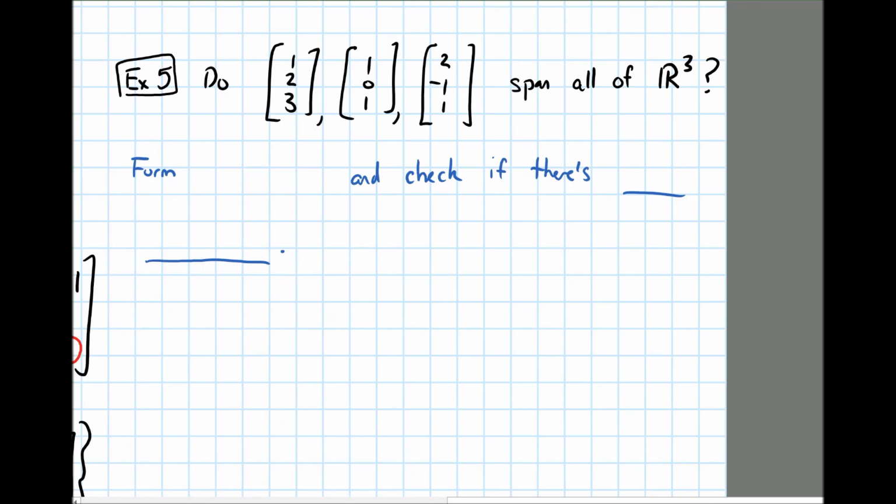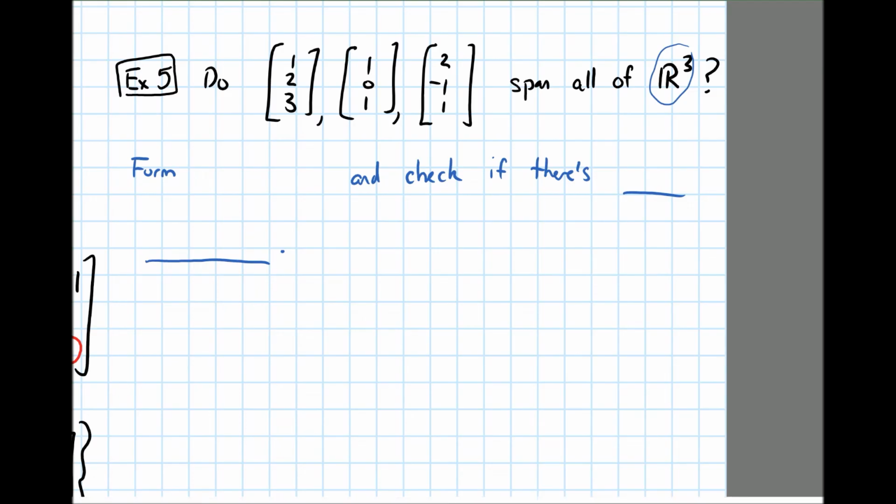Before I talk about the solution, what it means for these vectors to span all of R3 is no matter what vector in R3 I pick, I'm always going to be able to write that as a linear combination of these three vectors. In other words, I can form linear combinations of these three vectors to generate any vector in R3. I'm asking if that's possible.